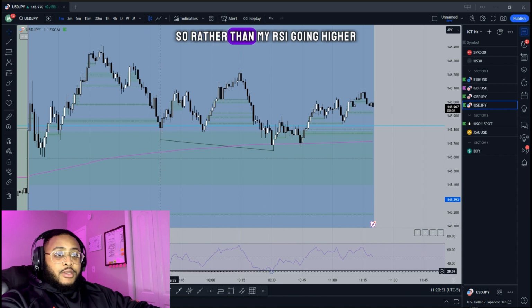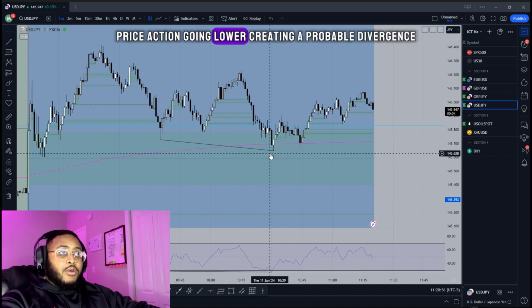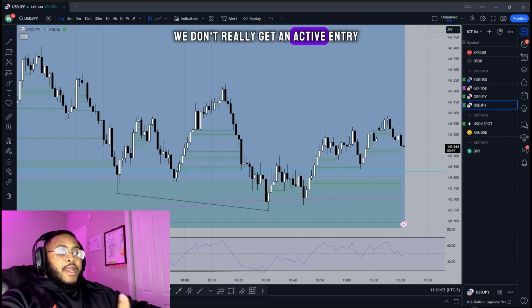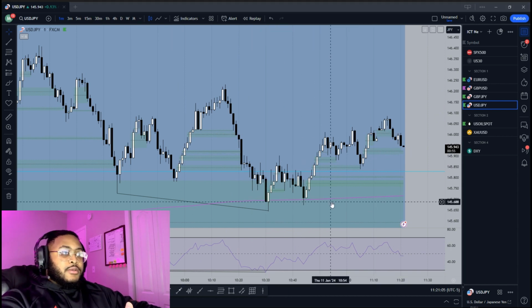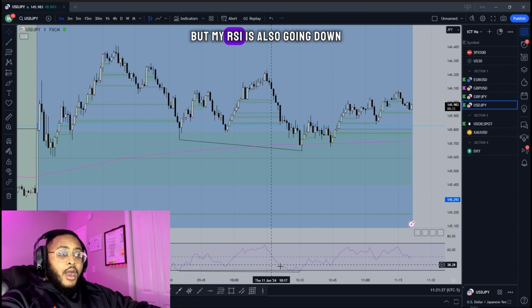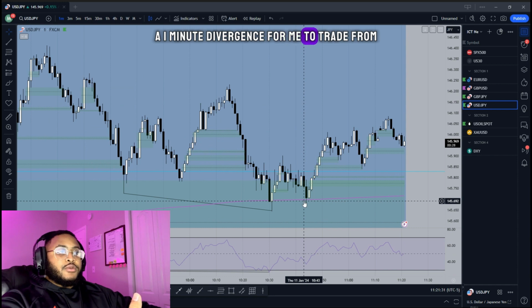So rather than my RSI going higher with price action going lower, creating a probable divergence, we don't really get an active entry. Price action is going down, but my RSI is also going down. It doesn't create a 1 minute divergence for me to trade from.